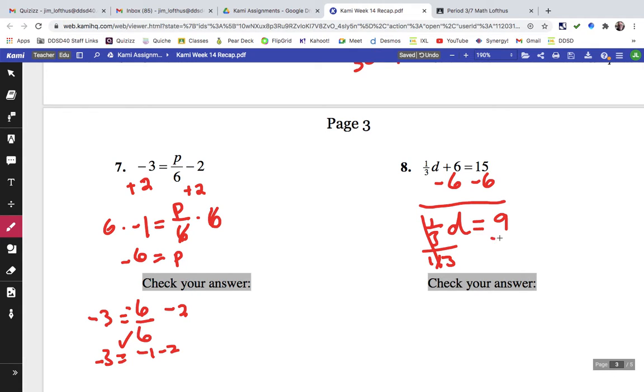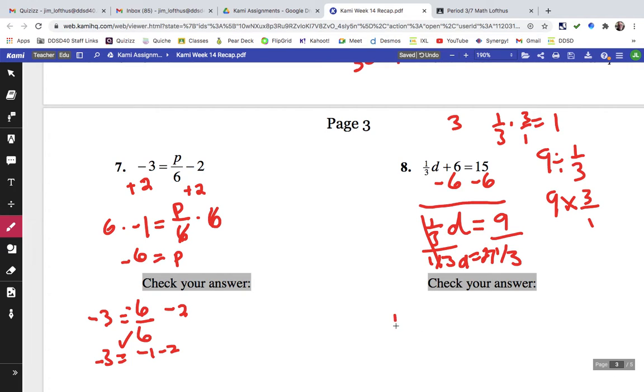So I'm going to divide this by 1/3. 9 divided by 1/3 is the same as 9 times the reciprocal of 1/3, which is 3/1. Remember, reciprocals, when we multiply them by each other, 1/3 times 3/1 equals 1. So that's 27. So D is equal to 27.